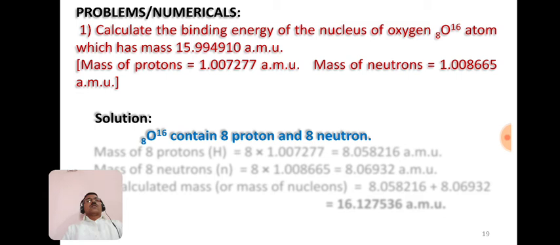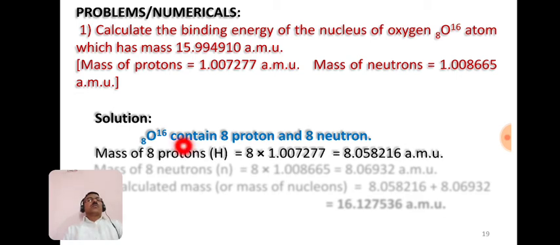Here the element oxygen contains 8 protons and 8 neutrons. So the mass of 8 protons is equal to 8 into 1.007277, which equals 8.058216 atomic mass unit.